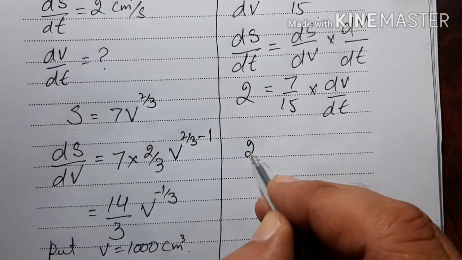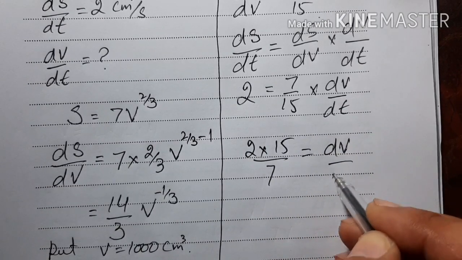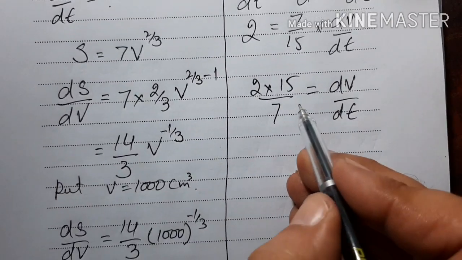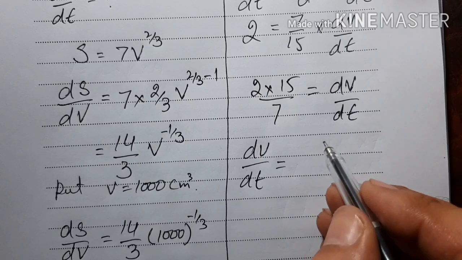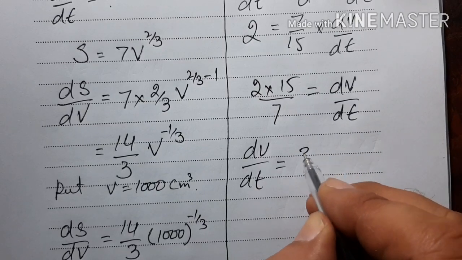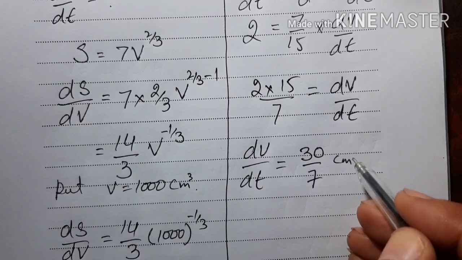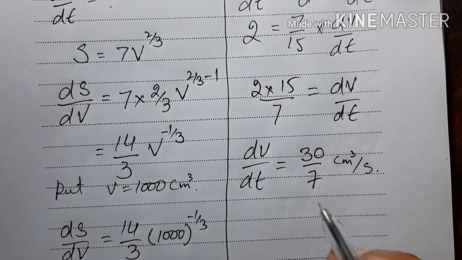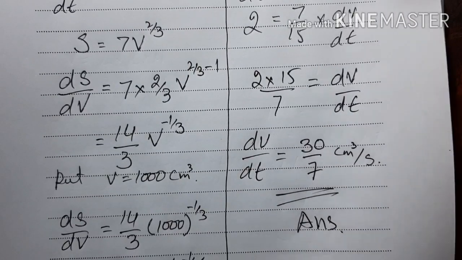It will be 2 into 15 over 7 is equal to dv by dt, or dv by dt is equal to 30 by 7 centimeter cube per second. So this is our answer of part 2.